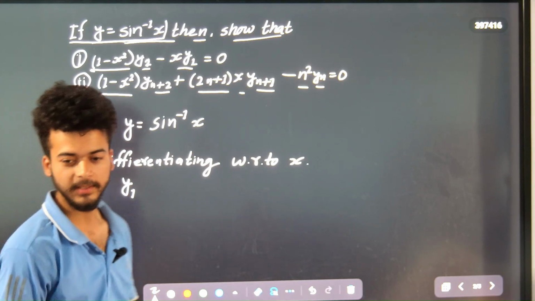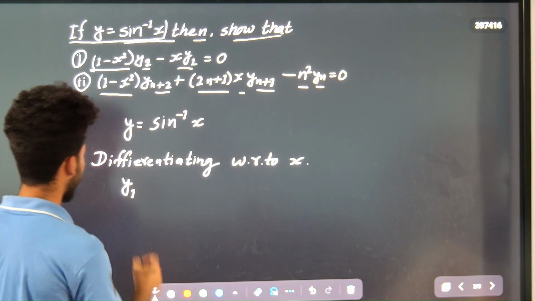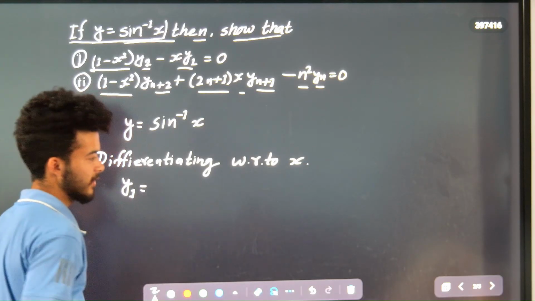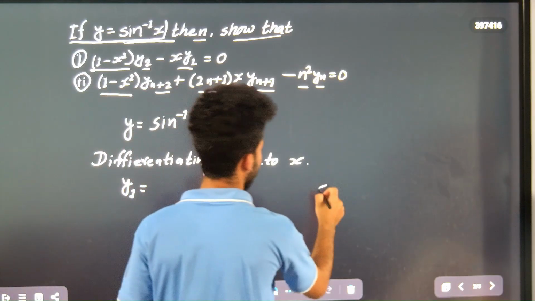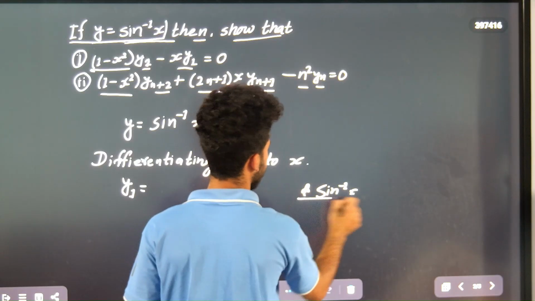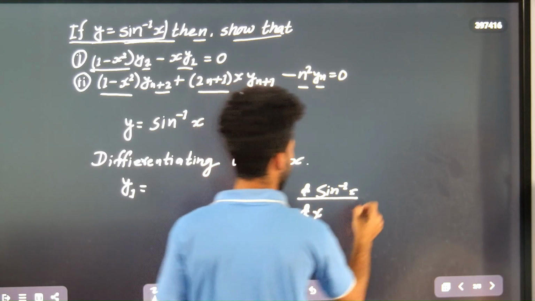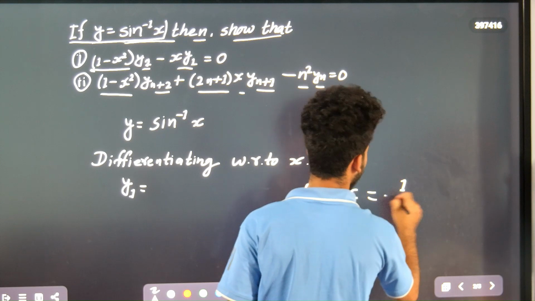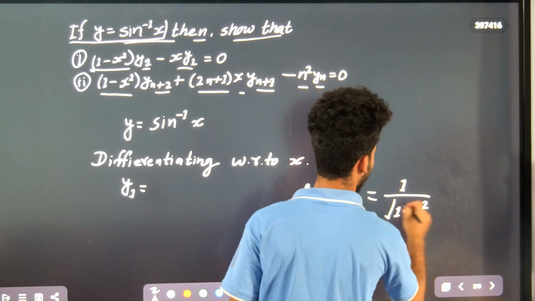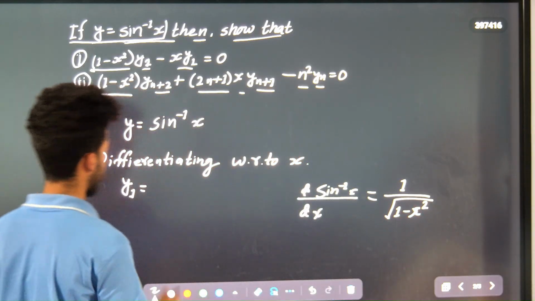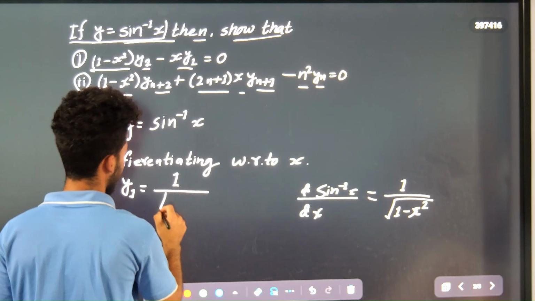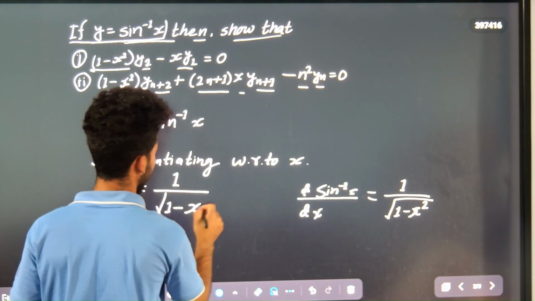Mainly when we differentiate in higher study, we can simply write y1 equals the derivative of sine inverse x, which is simply written as 1 by the root of 1 minus x square. So the derivative of sine inverse x is 1 by root 1 minus x square.